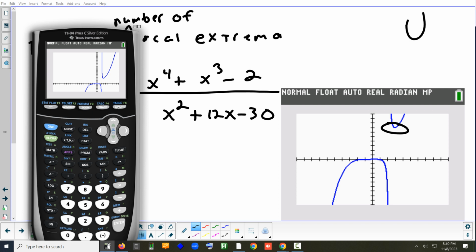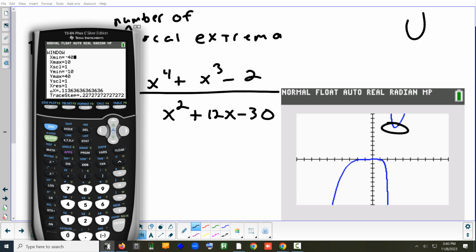Because what's the difference between the degree in the top and the degree in the bottom? 2. It's 2. That means that this graph should have a parabola shape to it when you zoom out enough. I'm still not seeing this parabola continue the other way. It should be. So I'm just going to keep trying to zoom out.